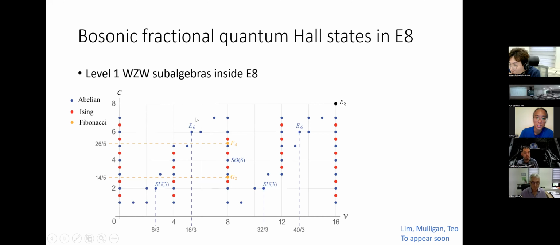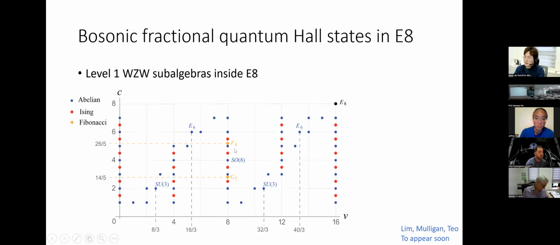I'm going to make use of the conformal embeddings or the subalgebra structures of E8. For example, there are subalgebras like SU(3), SU(2), E6 or E7. These are some exceptional subalgebras of E8.